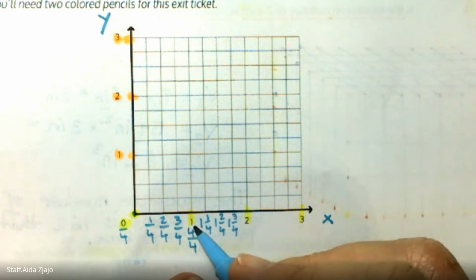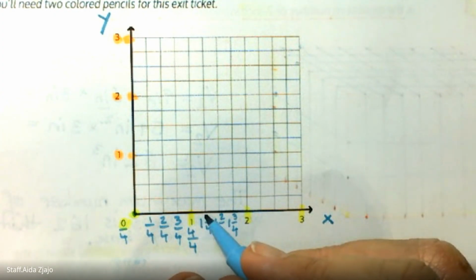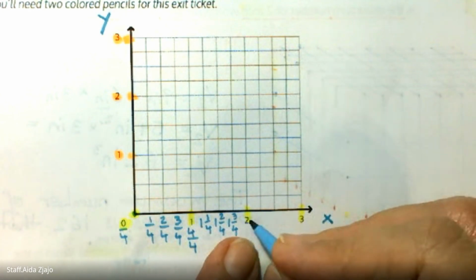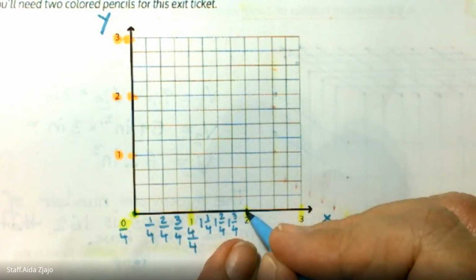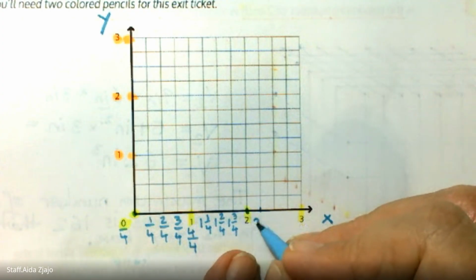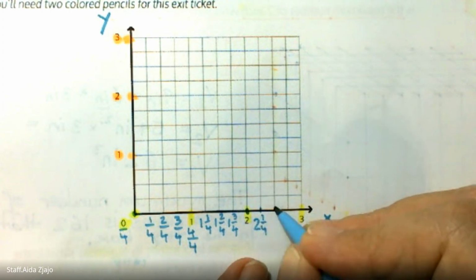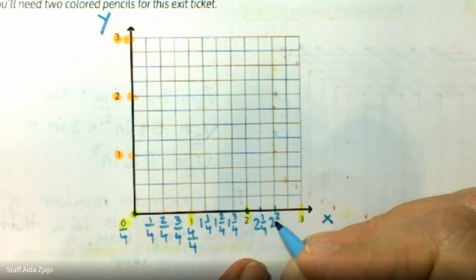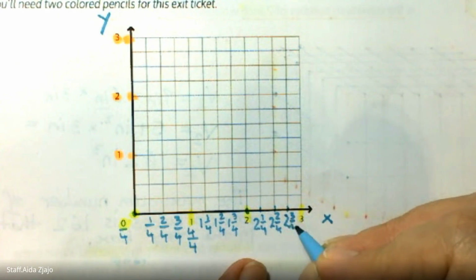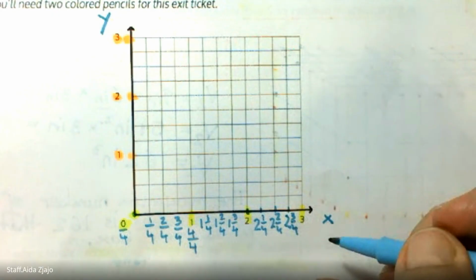Because we already passed a whole, now 1 whole and 1/4. This has to be 2 wholes right here. And then this would be 2 wholes and 1/4, 2 wholes and 2/4, 2 wholes and 3/4, and then 3 wholes.